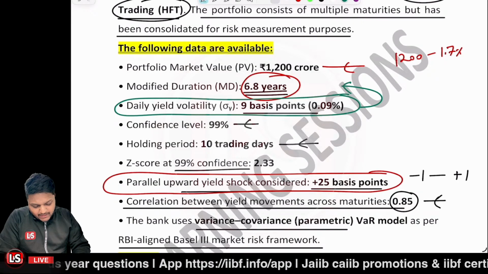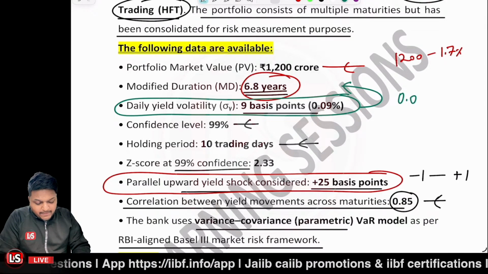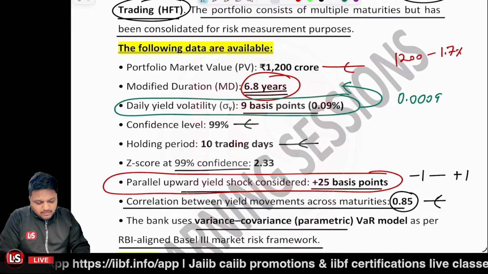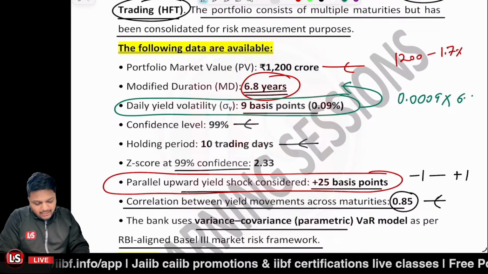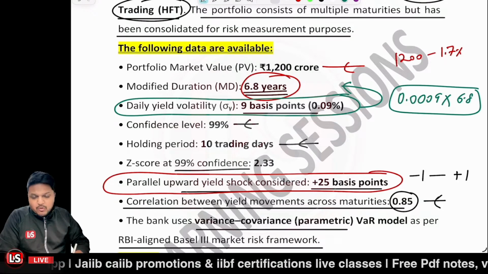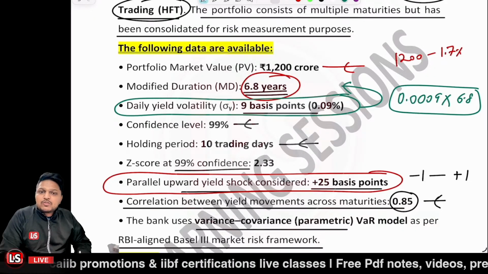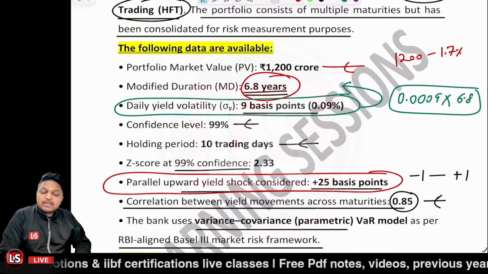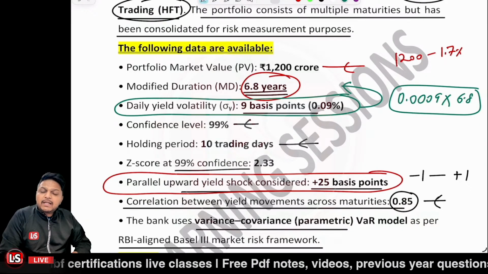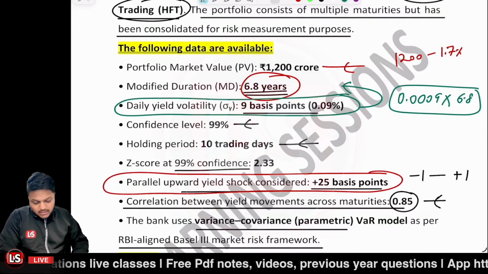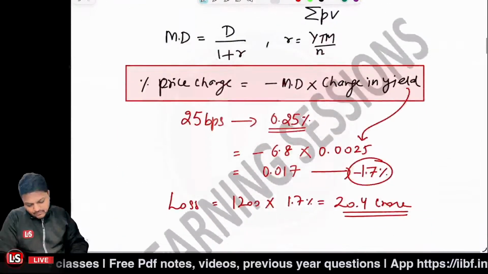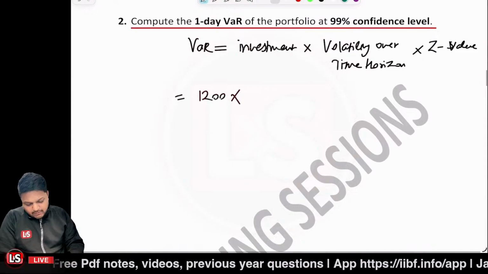So we have to multiply 0.09% with 6.8, that is the modified duration, so as to get the volatility over the time horizon.